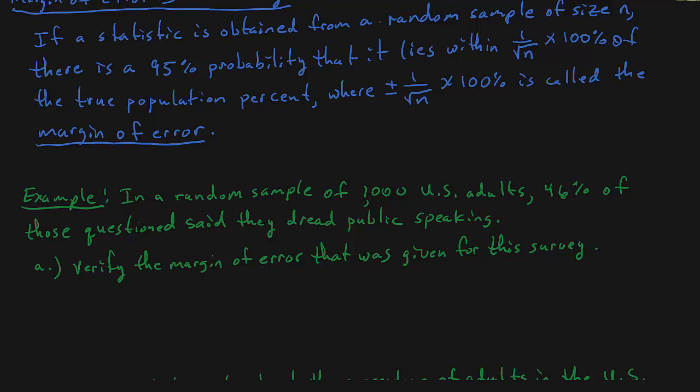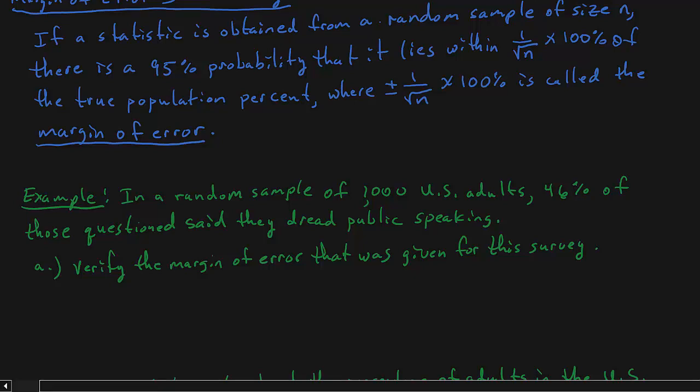All right, so let's find the margin of error. You can see that our margin of error is plus or minus, it's right here, 1 over the square root of n times the 100%.